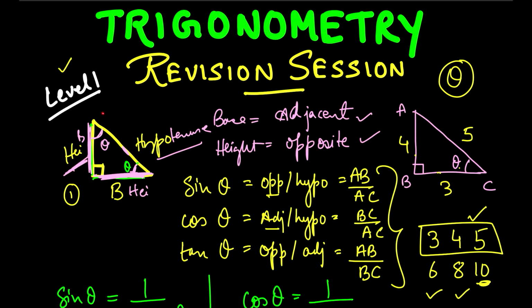Similarly, if I take the green one as theta, then this one will be my opposite side and this one will be my adjacent side. If I take the pink theta as my original theta in the question, then the line joining the pink theta will be my adjacent and the opposite one will be this one. So for every question, the theta's value and the sides change accordingly.